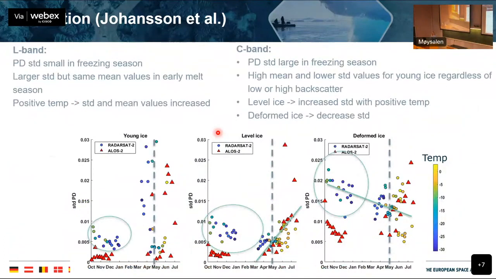Because the MOSAiC campaign lasted for a year and they drifted with two different floes, but this data is only from the first floe, we could see that the standard deviation of the variability for young ice, level ice, and deformed ice is much larger in the C-band data than in the L-band data. The L-band data is in the squares, but quite large differences start appearing when the temperature is increasing. So this line here indicates where the temperatures turned positive.